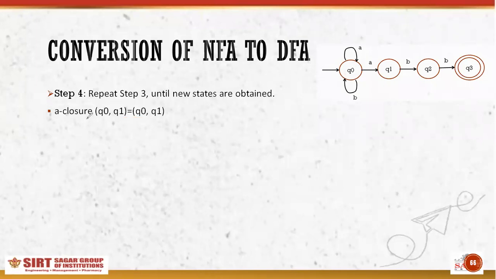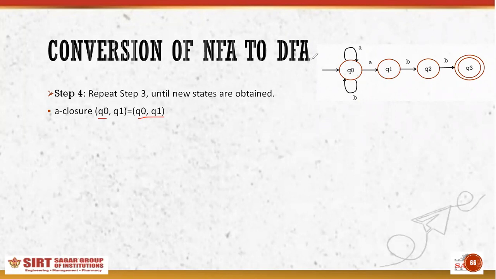On giving a to Q0, I am getting Q0 and Q1, so I have written Q0, Q1 here. On giving small a to Q1, it leads nowhere, because there is no transition of small a from Q1. So the answer will be Q0 and Q1 itself.